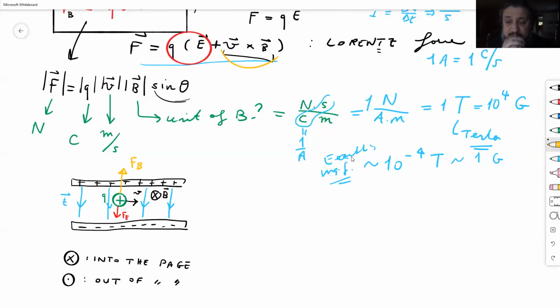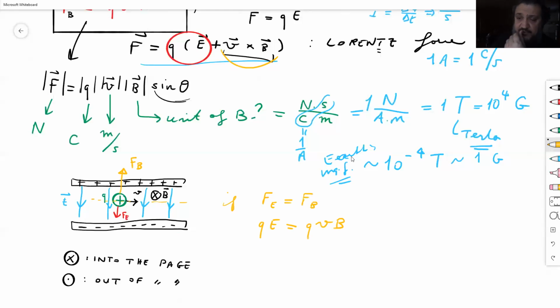All right. If it so happens that this motion is along a horizontal line, this can only mean that these 2 forces are equal in magnitude. So if Fe is equal to Fb, this means that Q times electric field is equal to Q times V times B, right?